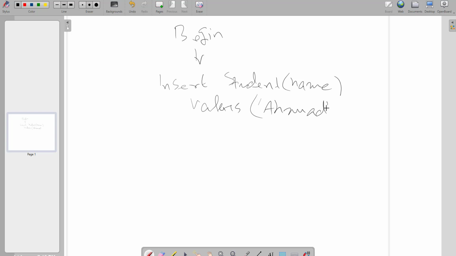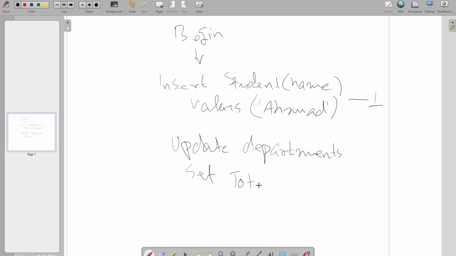So this is, for example, our first statement, and the second statement is UPDATE departments SET total_students, for example, we will update the total students equal to total_students plus 1.